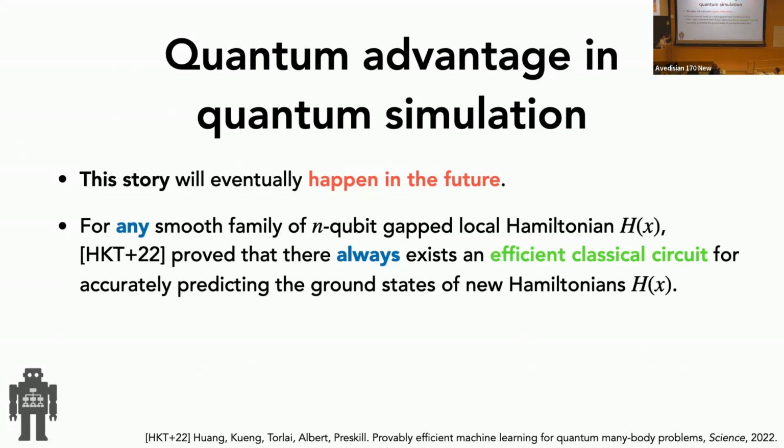But then the same story might happen again for a different phase. We do tons of simulation, gather all this data, and suddenly people come up with some classical algorithm for solving that phase. And then that story keeps going on. I do believe that might happen many times in the future when we have good quantum simulators.